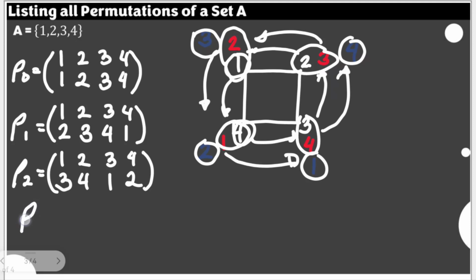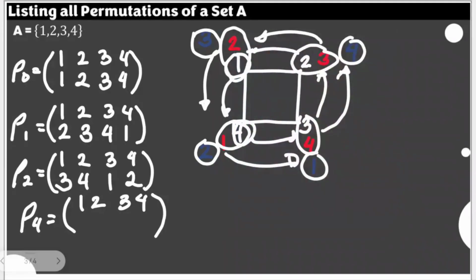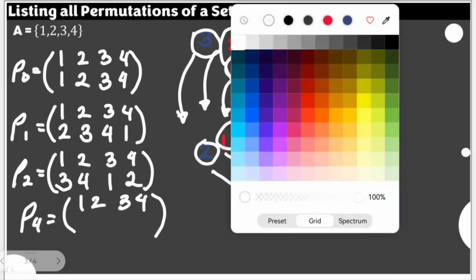Our fourth permutation is, of course, continuing the same process. 1, 2, 3, and 4. And the blue vertices now will be rotated from here to here, here to there, here to here, and here as well. Let me use another color, let's say yellow for this instance.